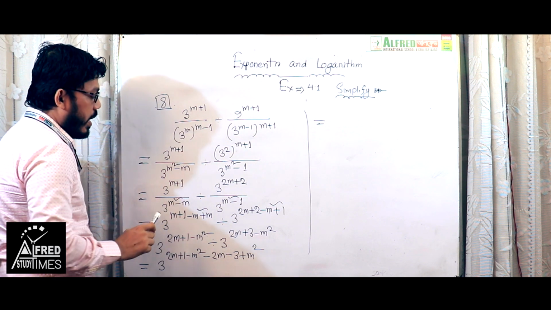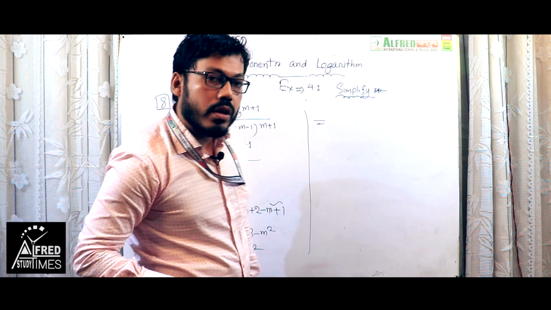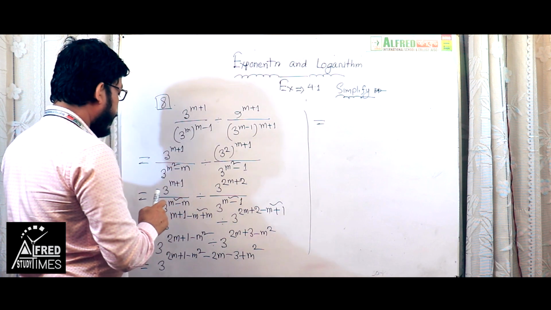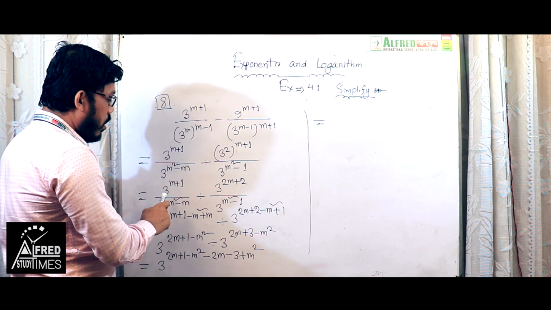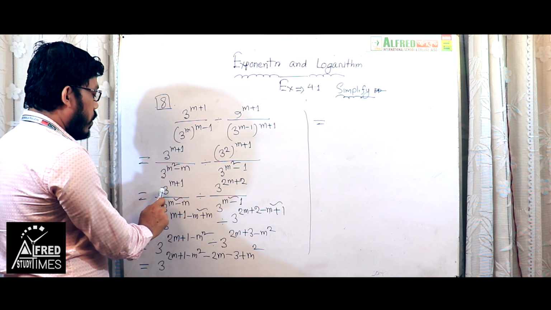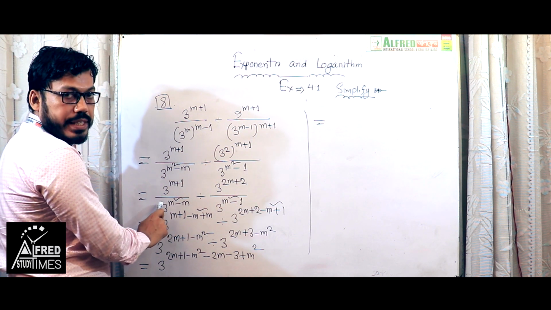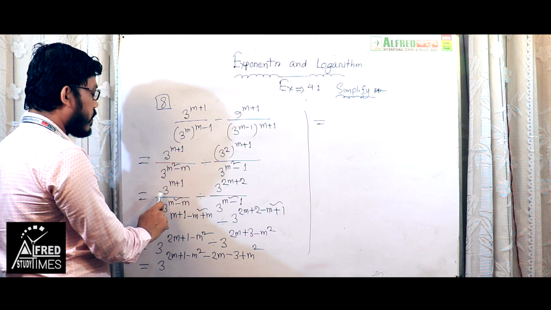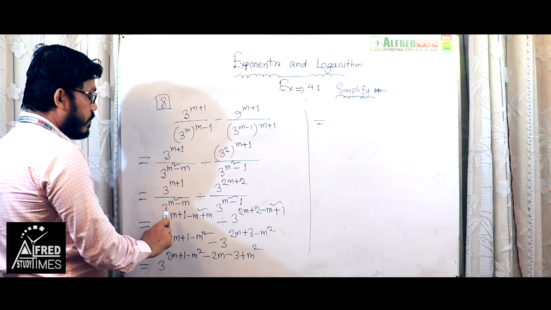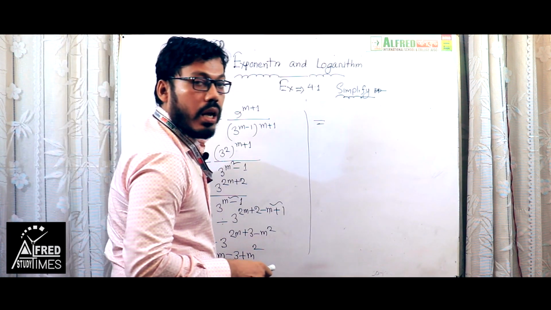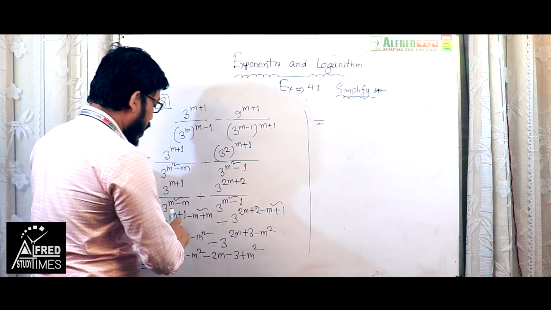Now we can apply basic rules which I have presented at the beginning of the class and you have already been informed. We get two same base 3 and 3 at first fraction. So we can apply a formula or rule.